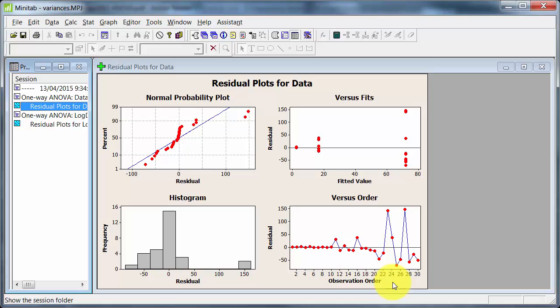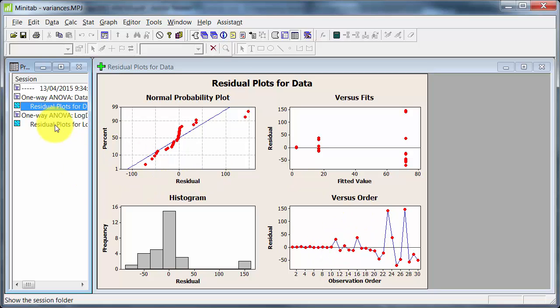Here is residuals plotted against observation order, and this is of importance if there is some temporal sequence in the way the observations are collected, because if some odd pattern is going on here, you might be seeing a change in the accuracy of the instrumentation or some sort of observer bias. This is not relevant for this set of data.